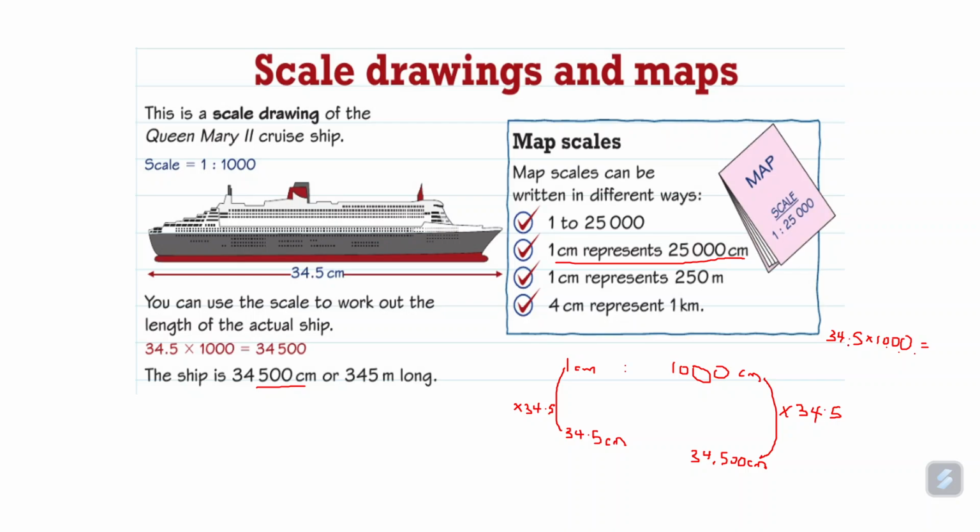You move the decimal point 1, 2, 3. So 34.5 times 1,000 gives you 34,500. In other words, the actual measurement of the ship in real life is 34,500 centimeters.